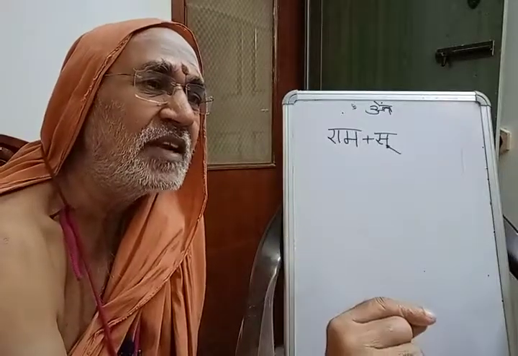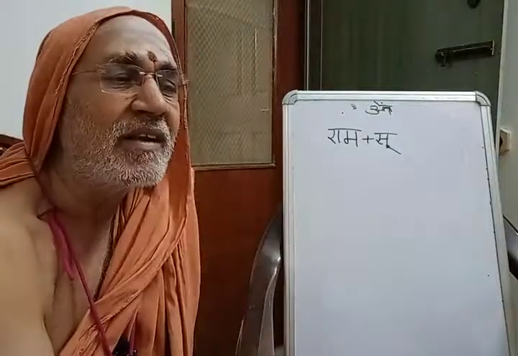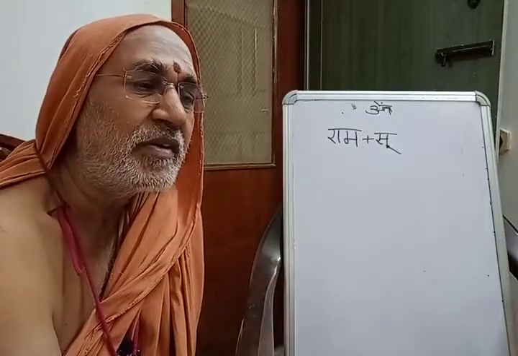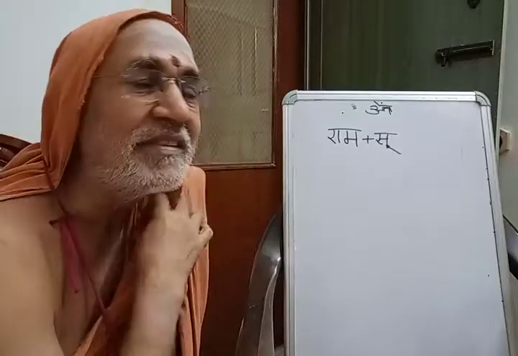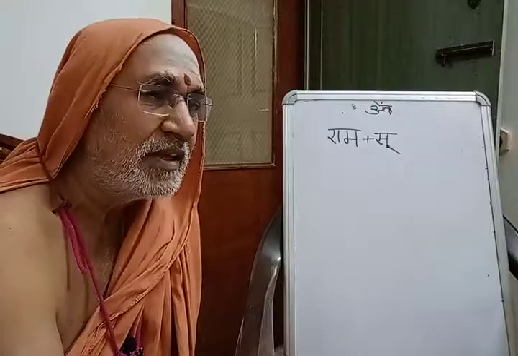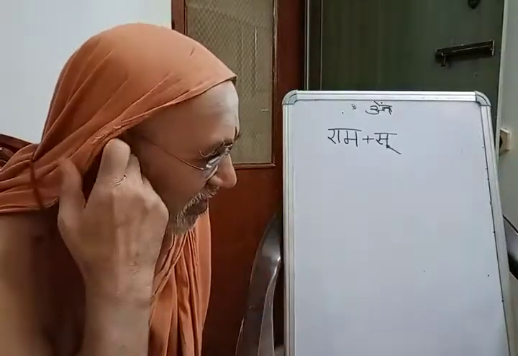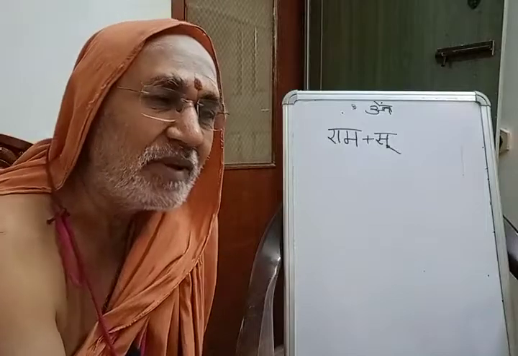Vivaksha means the intention of the speaker or writer. If you want, you can use it. If necessary, you can drop it. You need not apply the sandhi. So in a sentence alone, you have freedom. But in three places, within the word, within samasa, and between dhatu and upasarga, sandhi is compulsory.